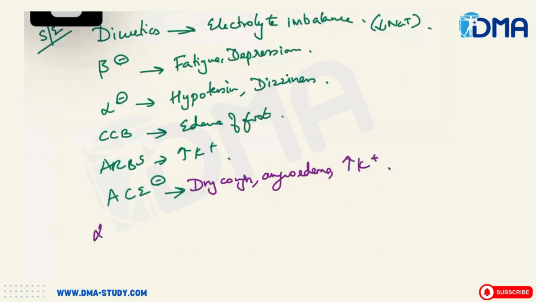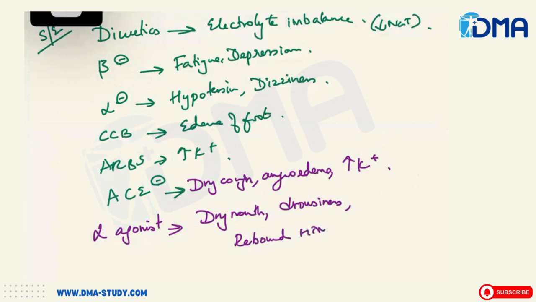Then when you treat the patient with alpha agonists, the patient can have dry mouth, drowsiness, and rebound hypertension. Okay, these are the things that can happen as side effects of the antihypertensive drugs.